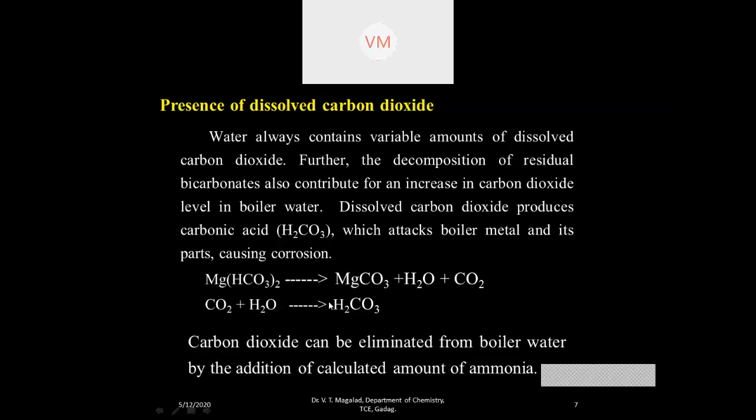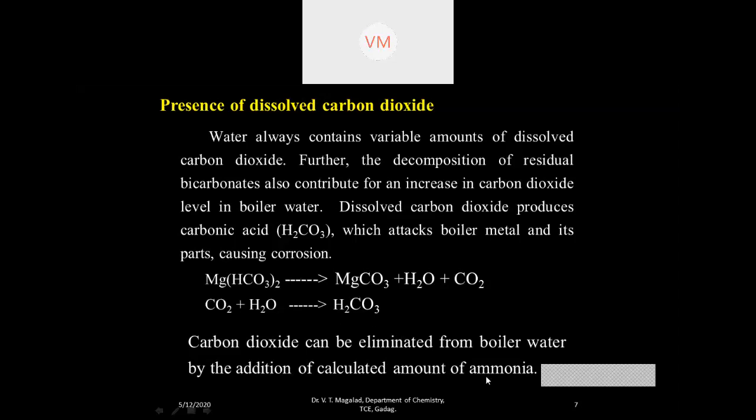This carbonic acid attacks on the steel of the boiler and then it will lead to the boiler corrosion. By the addition of a calculated amount of ammonia, one can avoid the effect of carbonic acid.